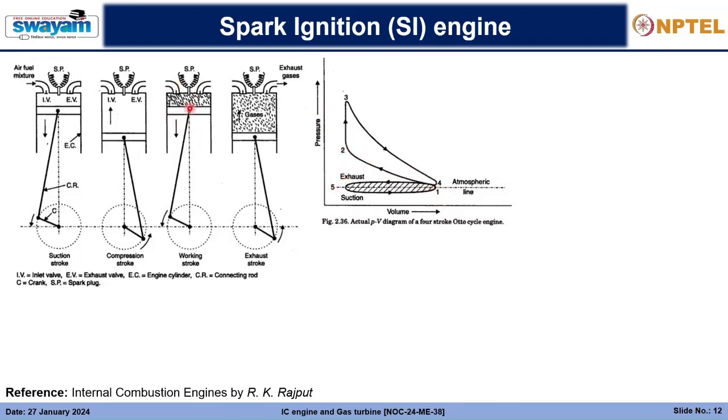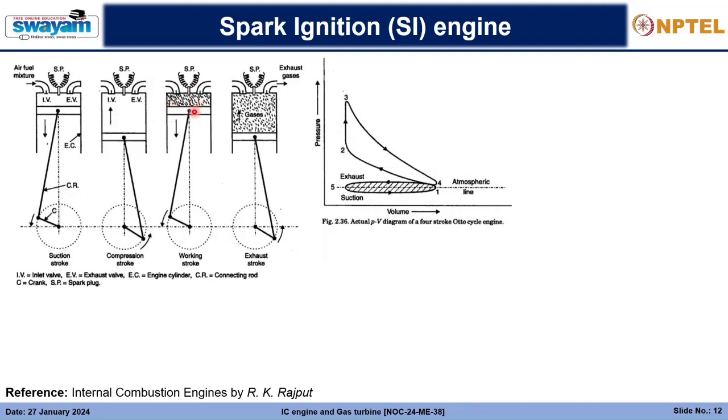And after that, at the end of the compression, the working stroke will start, and the spark plug will ignite at the end of the compression. Accordingly, suddenly a huge amount of pressure is created at an infinitesimally small change in volume. So 2 to 3 is the rise in pressure at the end of the compression stroke.